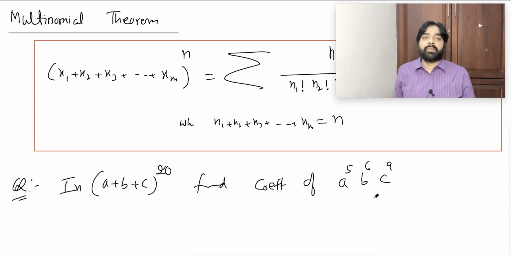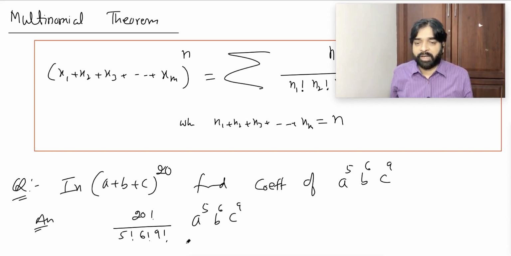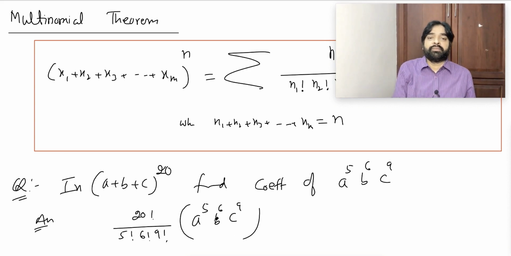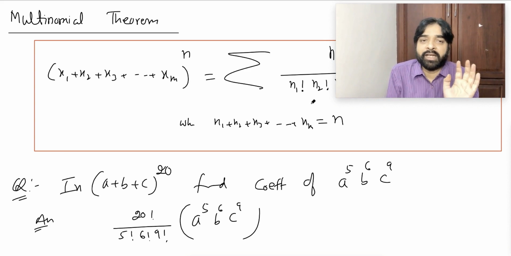Can I get it? Yes, very simple. The coefficient will be nothing but 20 factorial divided by 5 factorial, 6 factorial, 9 factorial. This is from the multinomial theorem. Did you understand this point?